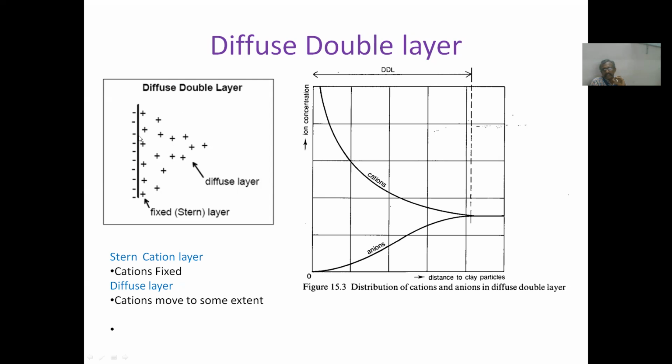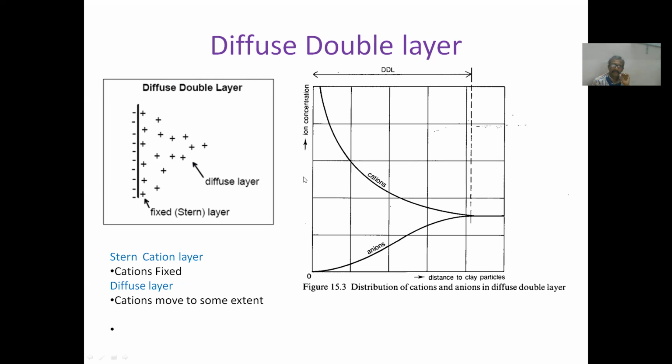So near the clay particle there is a Stern layer and an adjacent diffuse layer, and these two layers together are called the diffuse double layer. And in sodic soils, this diffuse double layer is the culprit, and it causes lots of problems.